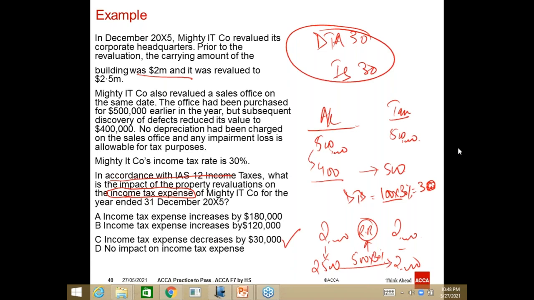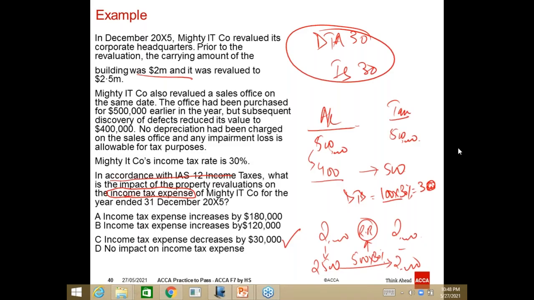What if the carrying amount is less? Then there will be a deferred tax asset. If the carrying amount is going less, that means there is a downward revaluation which will go in the income statement. Then it's fine.